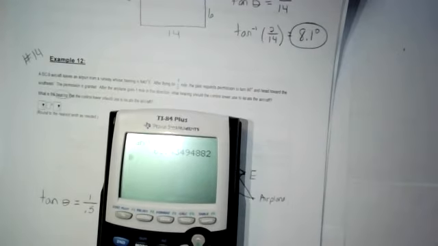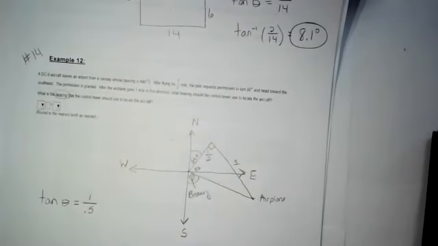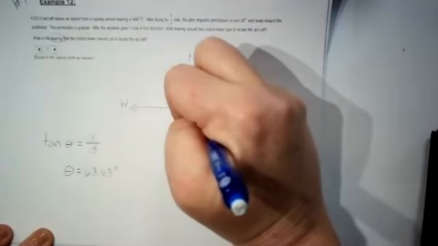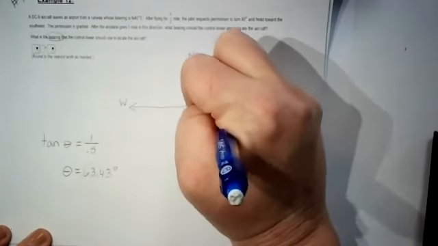If you want to put a 1/2 and make a complex fraction, knock yourself out. All right, that angle is 63.43. Okay, everybody all right with that? Okay, so this is 63.43.